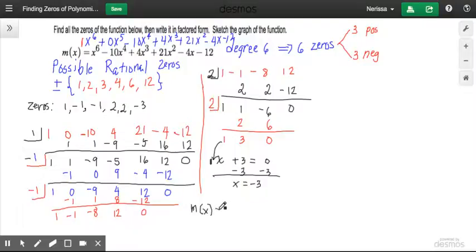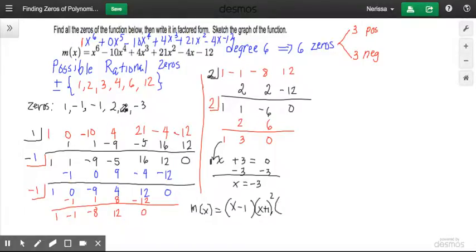So m of x is equal to, if 1 is a 0, then the factor is x minus 1. And then if negative 1 is a 0, then we'll say x minus negative 1. And minus negative becomes plus, so we'll just put x plus 1. But then there's 2 of them, so we'll just put here squared.